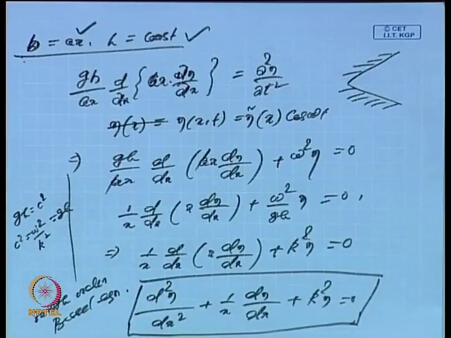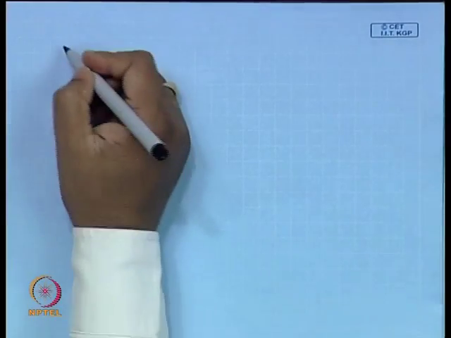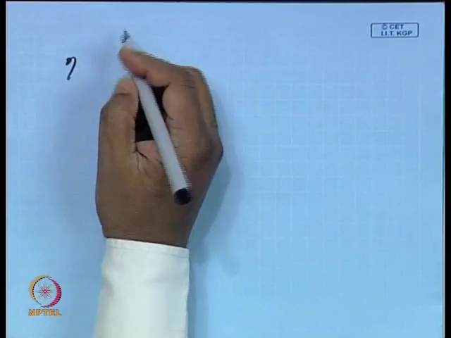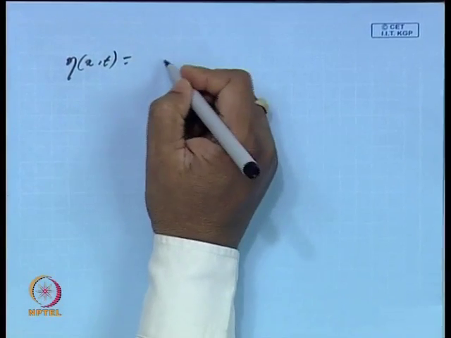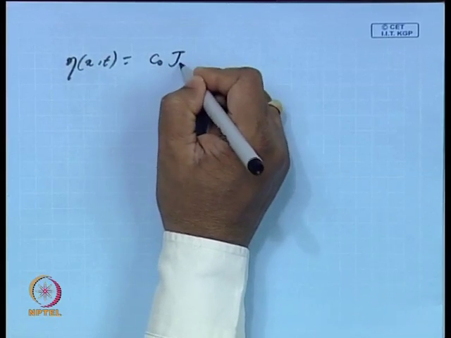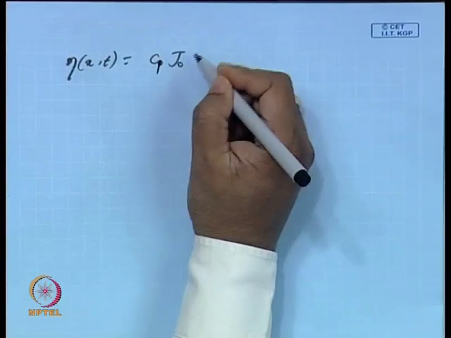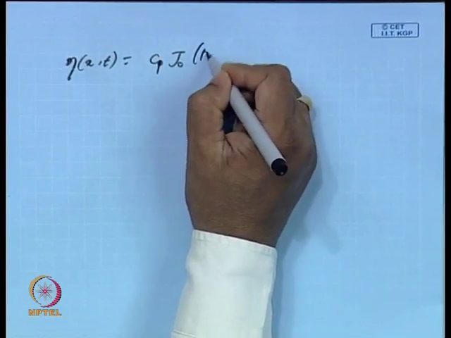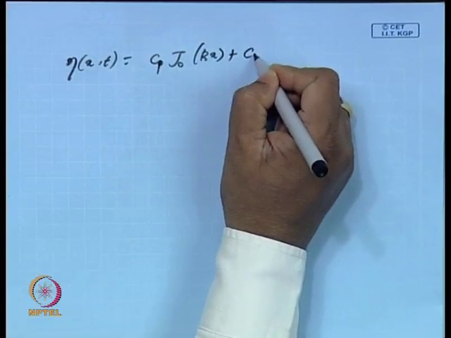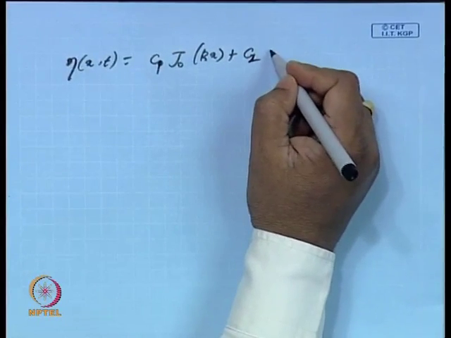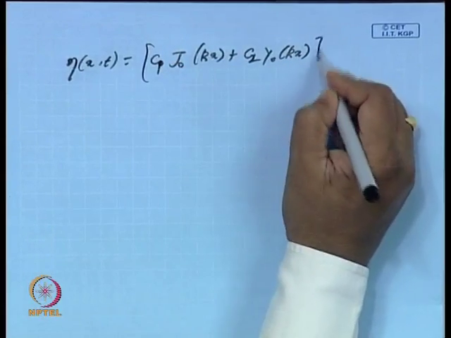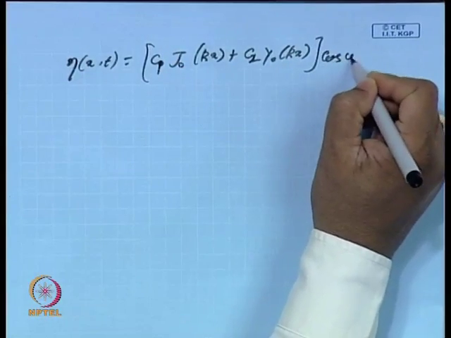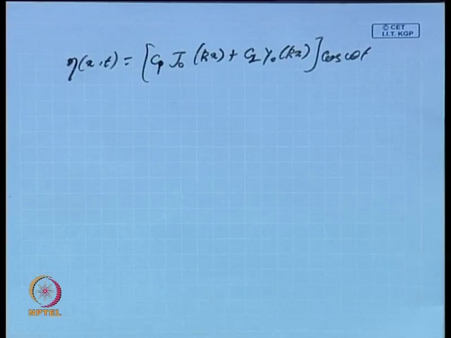This is the 0th order Bessel equation, and you know the solution of this equation is very interesting. The solution is eta(x, t) equal to c 1 J naught k x plus c 2 Y naught k x, into cos omega t. This is the general form of eta.